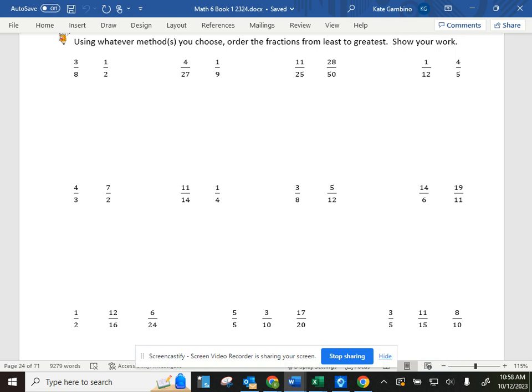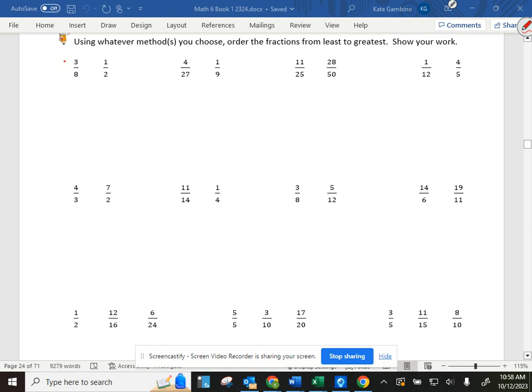So if we look at that first one, 3/8 and 1/2, which one do you think is smaller? Hannah? 3/8. Why? Because a half, or 1 is closer to 2, and 3 is closer to 0, or 3/8 is just smaller than a half.